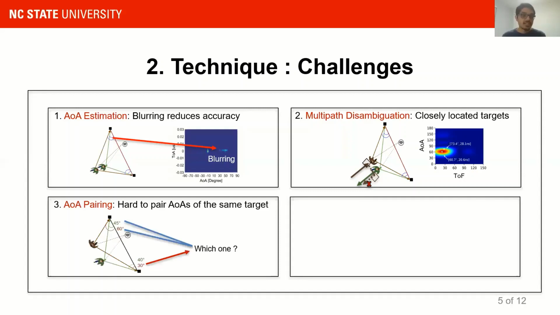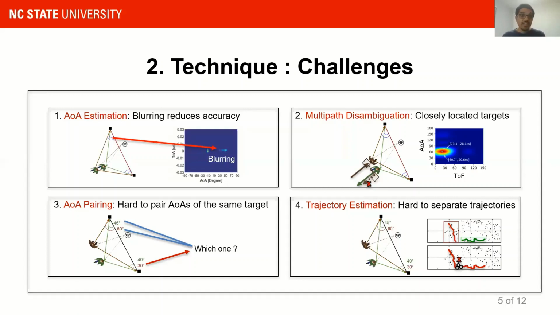The third challenge is that when there are multiple targets, there can be multiple angle candidates at both the receivers, and it is hard to pair the angle of arrivals for the same target. And finally, because of the presence of noise on commodity Wi-Fi devices, sometimes even if we have two separate trajectories for two different targets, the potential of certain noise points can eventually cause the paths to merge.